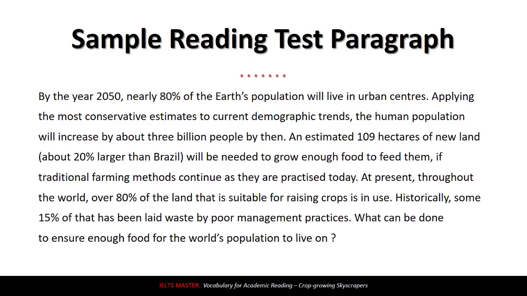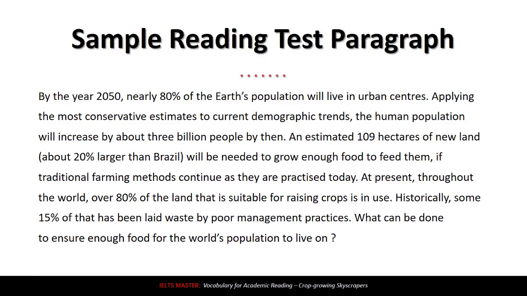Let me read this paragraph first. By the year 2050, nearly 80% of the Earth's population will live in urban centers. Applying the most conservative estimates to current demographic trends, the human population will increase by about 3 billion people by then. An estimated 109 hectares of new land, about 20% larger than Brazil, will be needed to grow enough food to feed them, if traditional farming methods continue as they are practiced today.